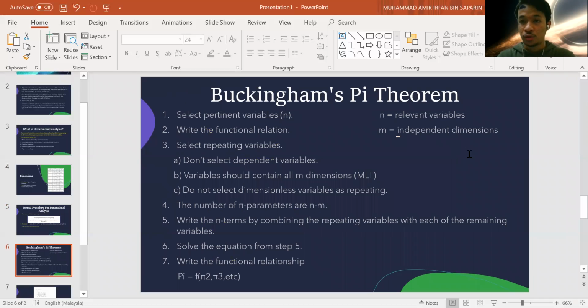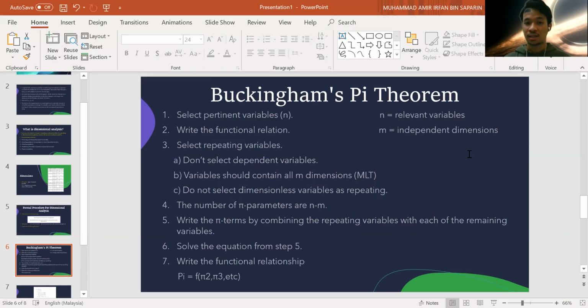So to do the dimensional analysis, we use Buckingham's pi theorem. These are the steps. The first step is select pertinent variables. Second is write the functional relation, and third is select repeating variables. For selecting the repeating variables, there are rules that we need to follow.